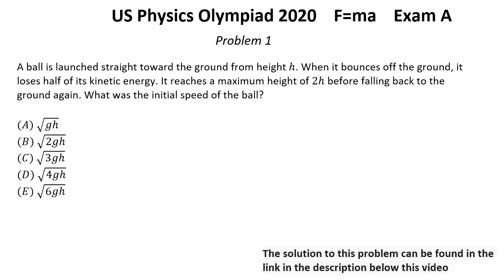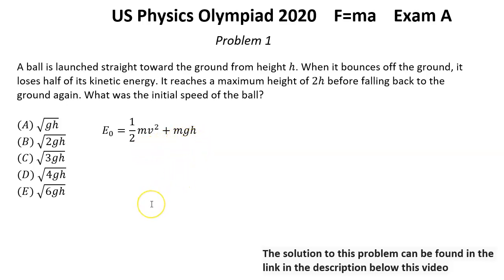Solution for problem number 1. Let's write the expression for total energy when this ball was just thrown. Total initial energy E0 equals kinetic energy 1/2 mv² plus potential energy mgh.